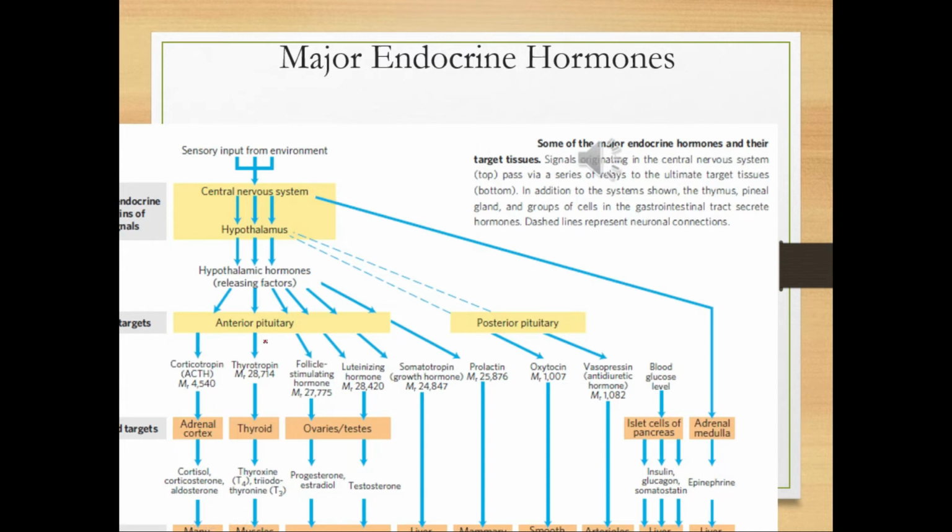Similarly, the anterior pituitary will release thyrotropin, and thyrotropin will act on another gland, the thyroid gland, and make it release thyroxine, its respective hormone, and thyroxine will act on different appropriate muscles. So this is an example of hormonal stimuli.